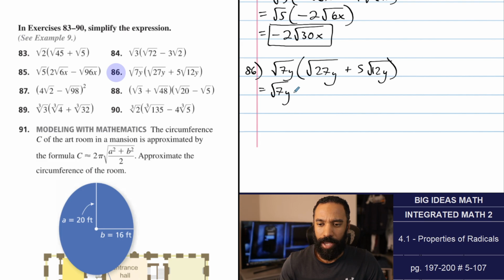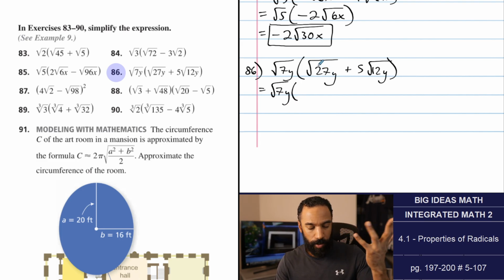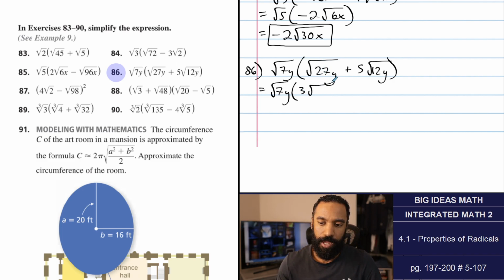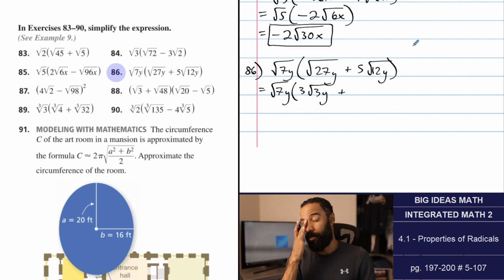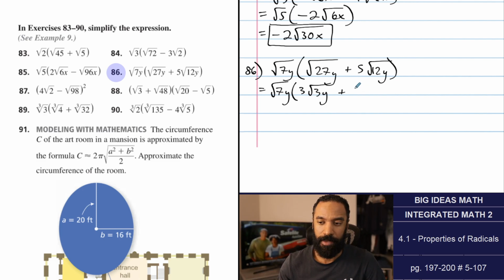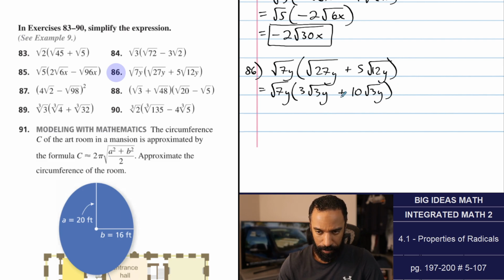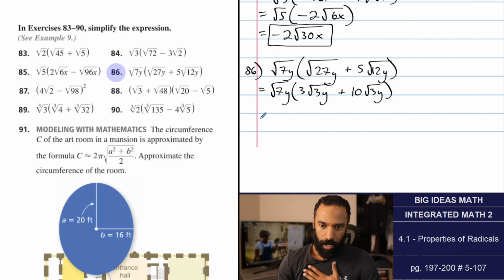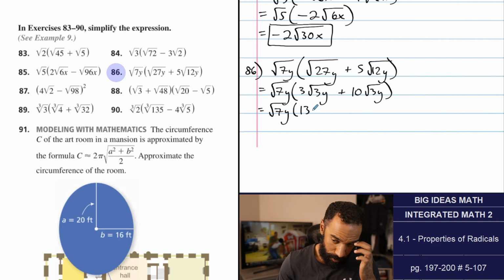Root 27 is root 9 times root 3, so 3 root 3. So 3 root 3y plus 5 times root 12. 12 is 2 root 3. So 5 times 2 is 10. So we got 10 root 3y. So both root 3y's: 3 root 3y plus 10 root 3y is 13 root 3y.